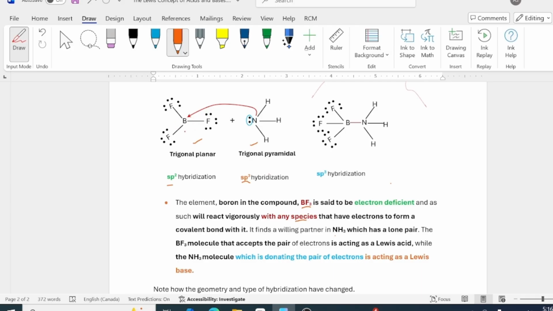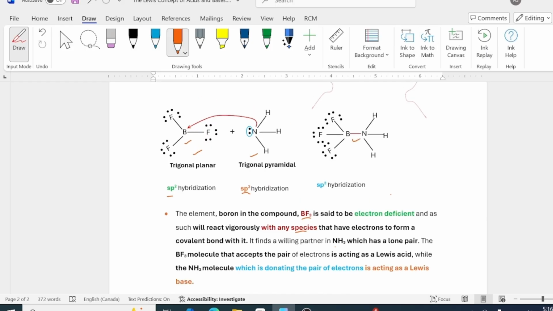So the boron trifluoride molecule, since it is accepting the pair of electrons, is called the Lewis acid, and the ammonia molecule that is donating the pair of electrons is called the Lewis base. And you can see that the pair of electrons that is donated here is used to form a covalent bond.